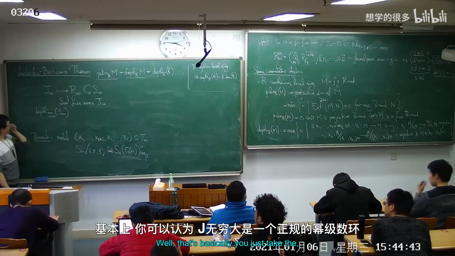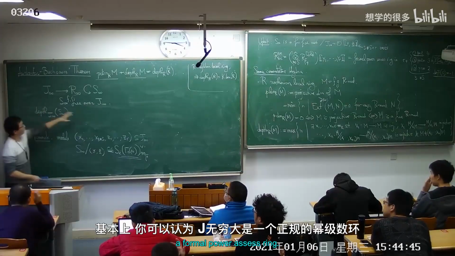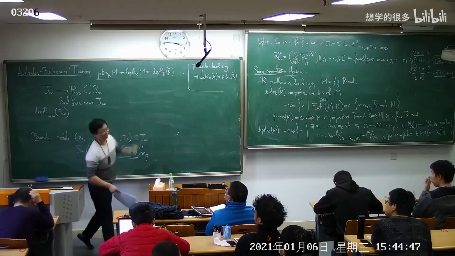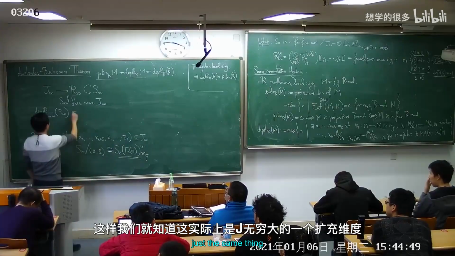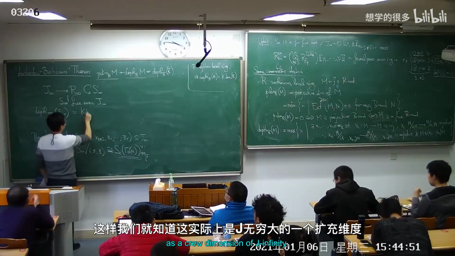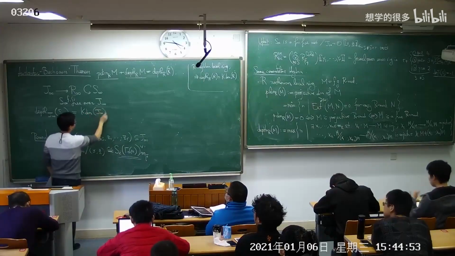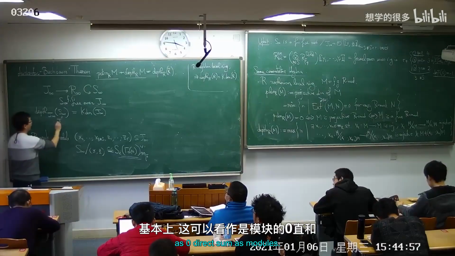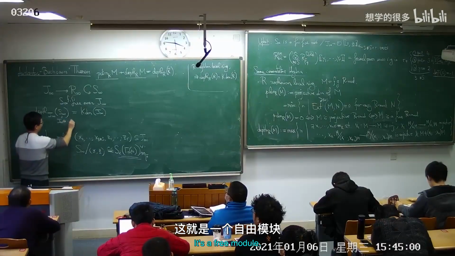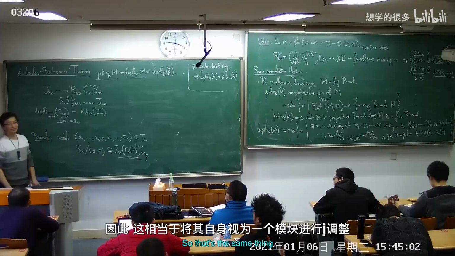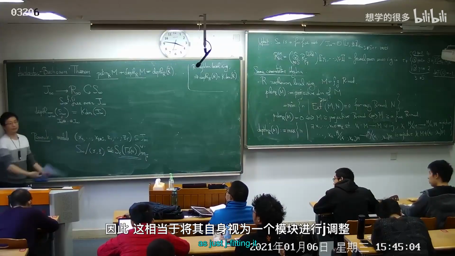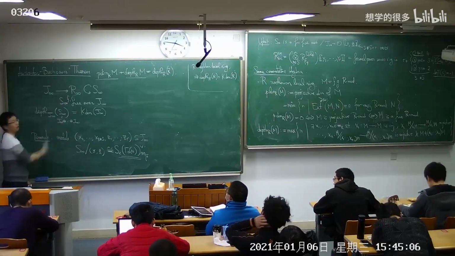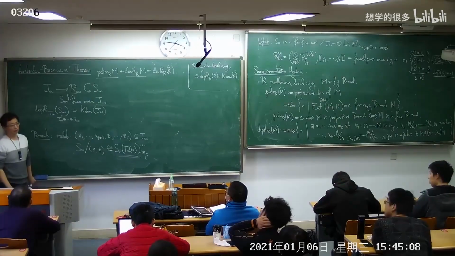Also, J infinity is a formal power series ring, so we know that this is just the same thing as the Krull dimension of J infinity. We basically have this is the same thing as J0 direct sum as modules. It's a free module, so that's the same thing as just J infinity as a module over itself. So that's just the Krull dimension.